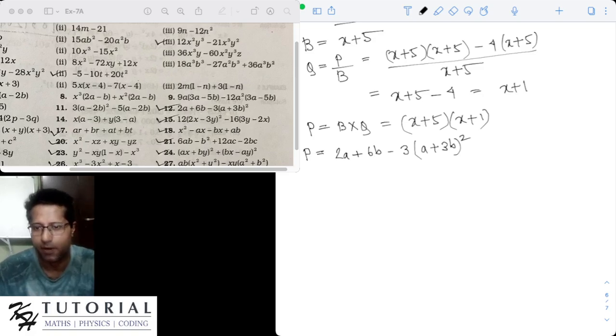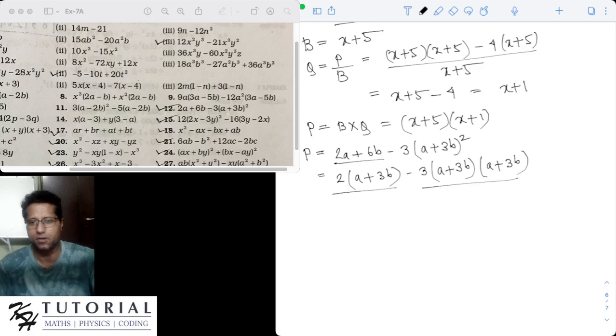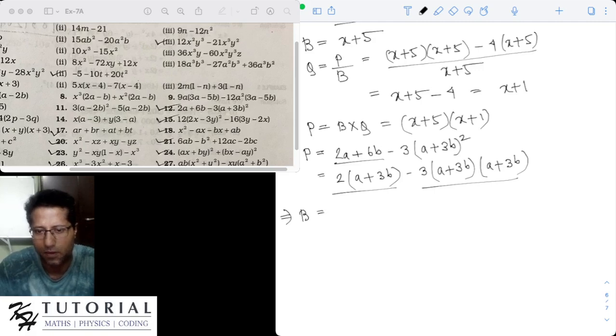But if you simplify a little bit, you see this part, if you take out 2 as the common factor, I can see this as 2 into (a + 3b) minus 3 into (a + 3b) square, meaning (a + 3b) multiplied by (a + 3b). Now if you consider these two parts, you will see there is a common factor of a + 3b. So this implies that b is equal to a + 3b.